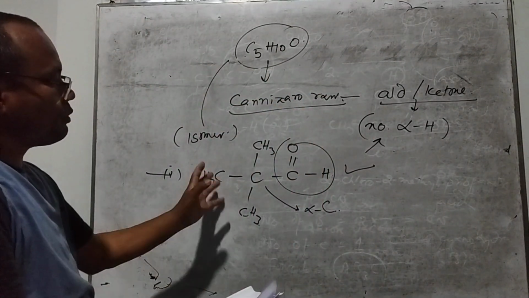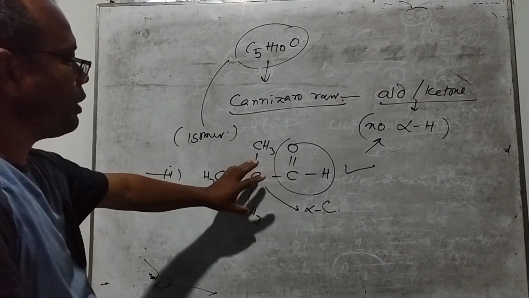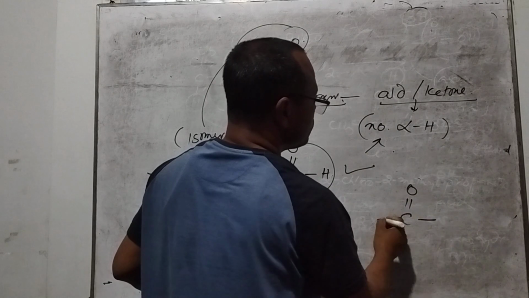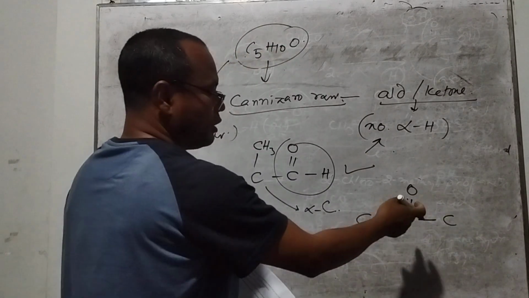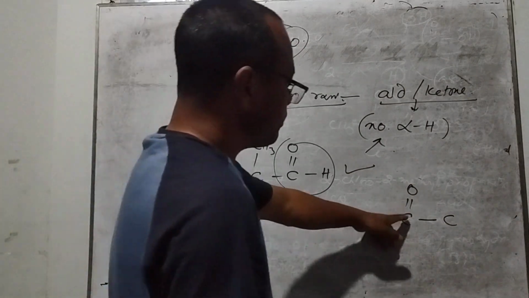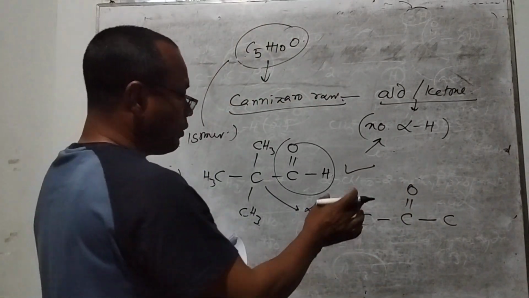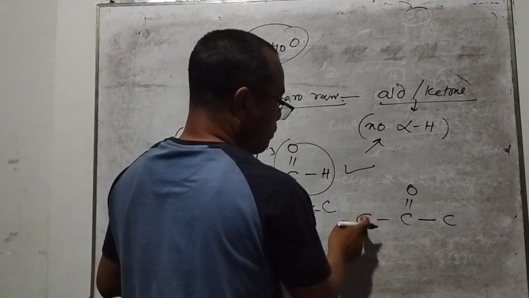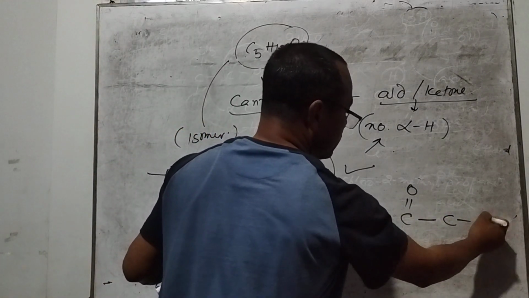Right? So if you write a ketone, that means when you write a ketone, in between the two carbons it should be this functional group, C double bond oxygen. Now here, how many carbons are there? 5 carbons. 1, 2, 3. Let me write one more carbon here.